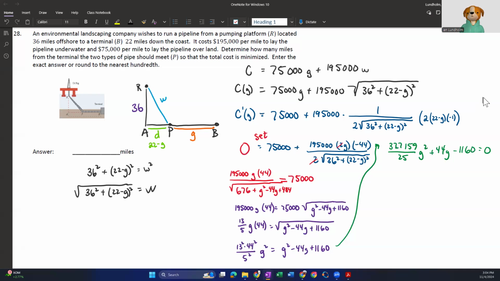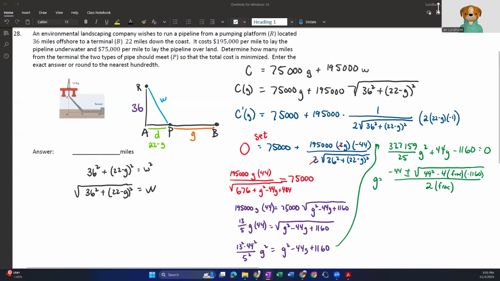G equals negative b, negative 44, plus or minus the square root of b squared, so 44 squared, minus 4ac, fraction times negative 60, great, all over 2a, which is 2 times that crazy fraction.